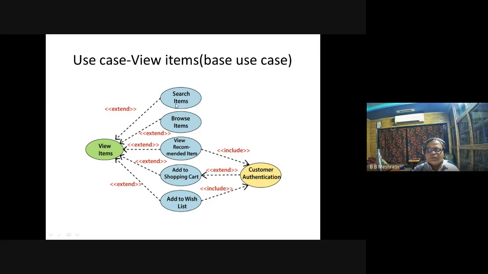So here view item is a base use case, and search item, browse items, all these use cases are extended use cases.